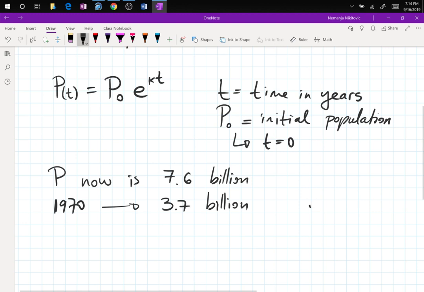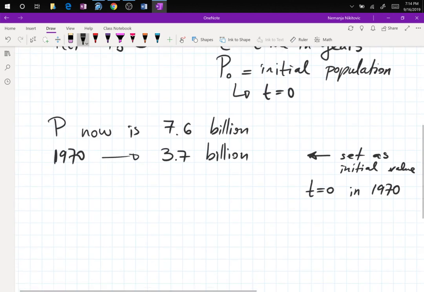So this is what I'm going to do. I'm going to set this as initial value, which means that I am going to say that t is equal to 0 in 1970. Okay? 1970 is t equals 0. So now I have my first point, (0, 3.7).